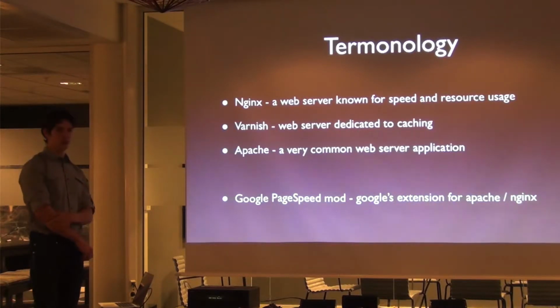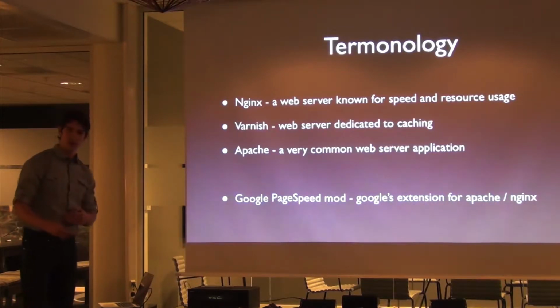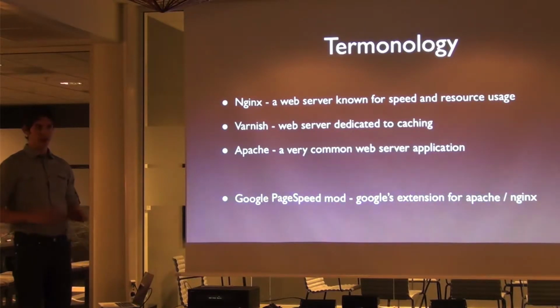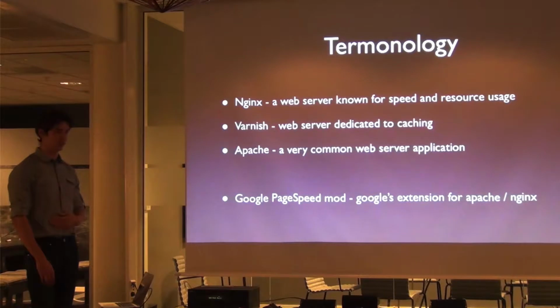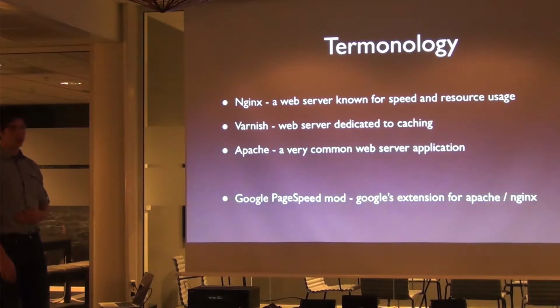Varnish is often used as a layer between the person visiting the site and the server, because it's made for caching, or that's one of its biggest purposes. Apache is the most normal web server, and most people will be running Apache themselves.